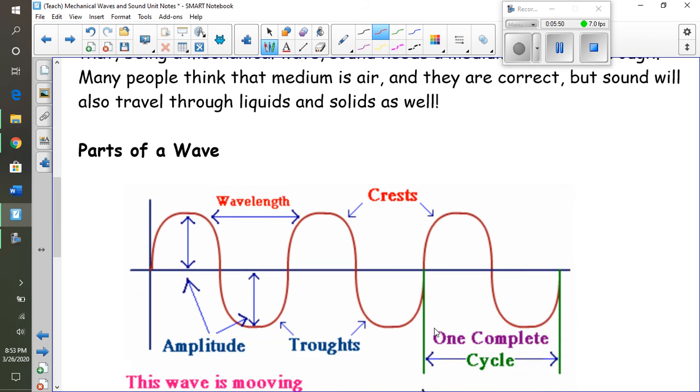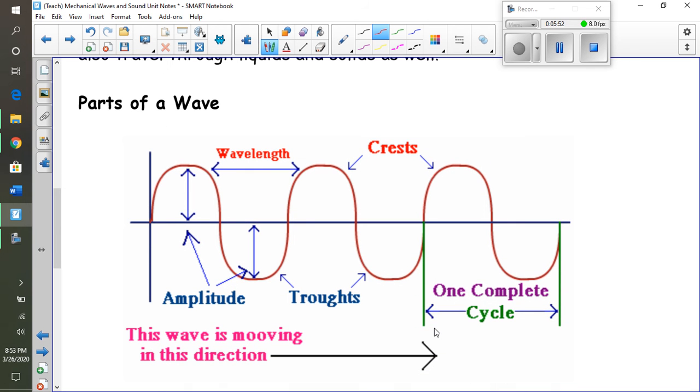Now, some parts. These are things that you probably learned in middle school. We have our crests, which are at the tops here, and troughs, which are at the bottoms. Now the amplitude, you have to be careful. The amplitude is from the x-axis up to the crest.